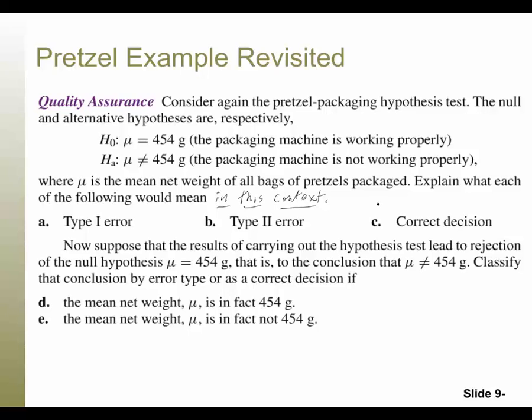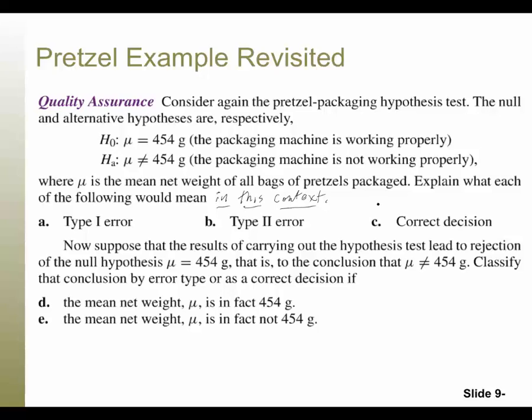Want to try again? Sure. All right, I'm a little confused. Type 2, you said we don't reject the null hypothesis. We don't reject. So as a result of the study that we did with the sample, we don't reject the null hypothesis.